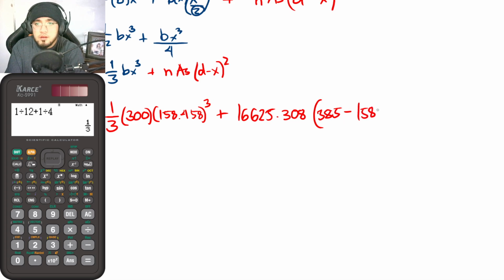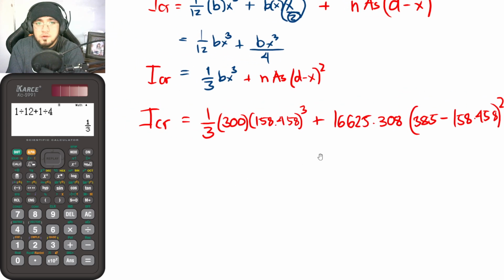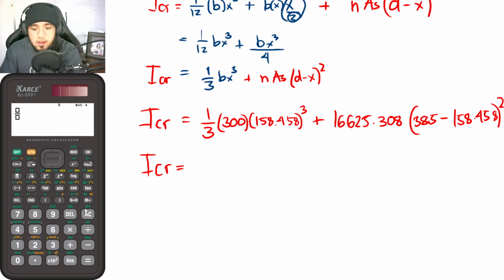158.458 quantity squared. From that, the moment of inertia, or the cracked moment of inertia, is now equal to, looking at the calculator to your right once again, 1/3 times 300 times 158.458 cube, plus 16625.308 times (385 minus 158.458) squared.